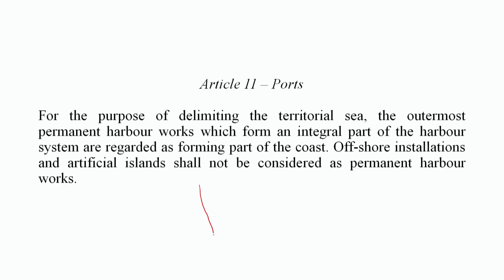So for example, let's say this is India's coastline. And now this is the baseline area for determining the territorial waters. This is the baseline area. Then it could be that there are islands somewhere here, or let's say this island is considered as one of the ports.